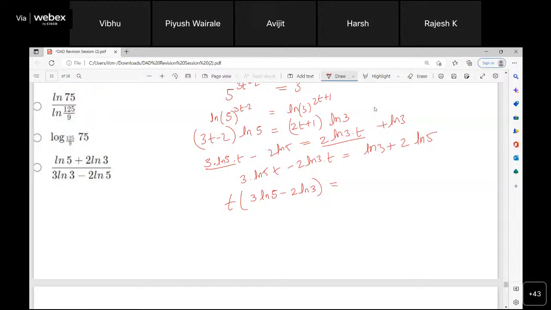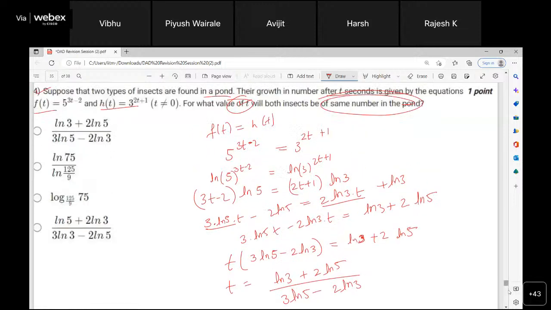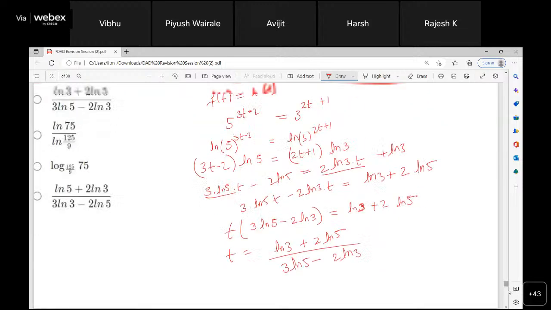So don't make calculation mistakes like I am doing. So t equals (ln of 3 plus 2 ln of 5) divided by (3 ln of 5 minus 2 ln of 3). This is the answer.